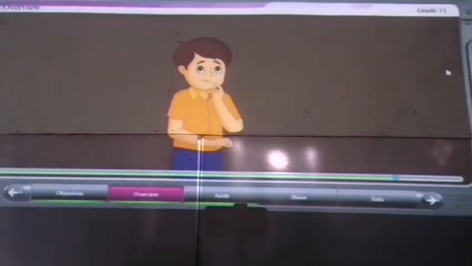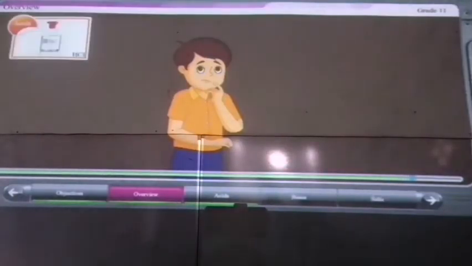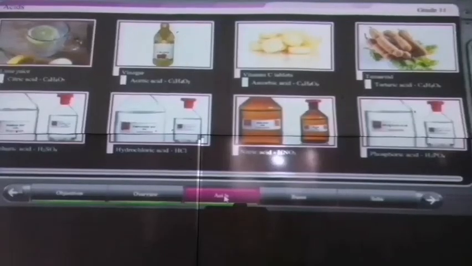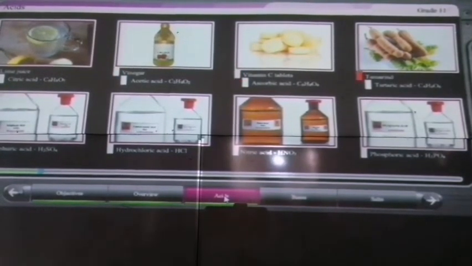In this lesson, we will further study about acids, bases, salts. You already know that lime juice, vinegar, vitamin C tablet and tamarind were classified as acids. Lime juice contains citric acid. Vinegar contains acetic acid. Vitamin C contains ascorbic acid. Tamarind contains tartaric acid.